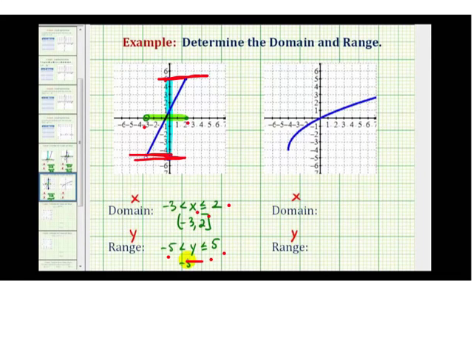All right, let's look at this one and see if we can determine the domain and range. So the domain, where it touches x, it only touches right here at this one point. So the domain is x is equal to 0. But the range is up and down.